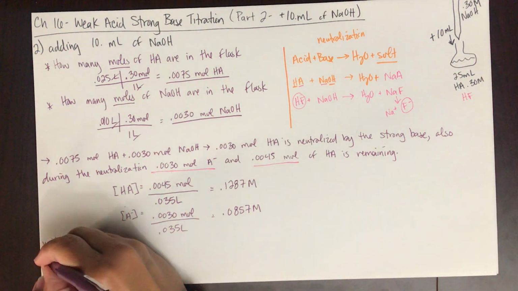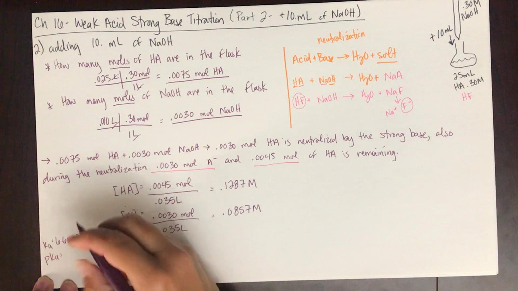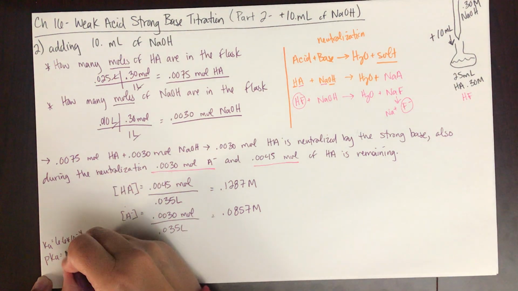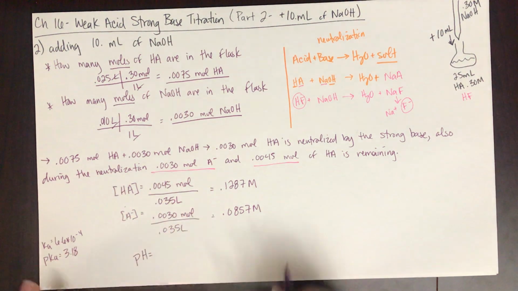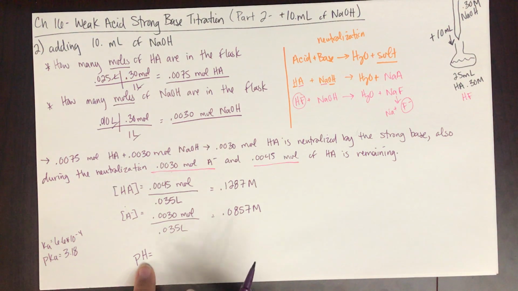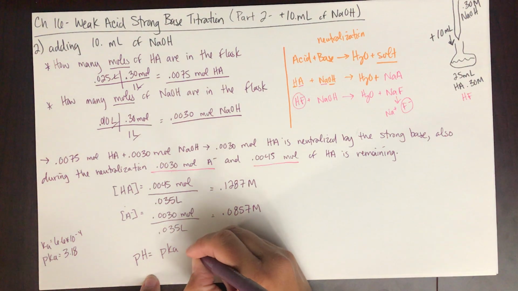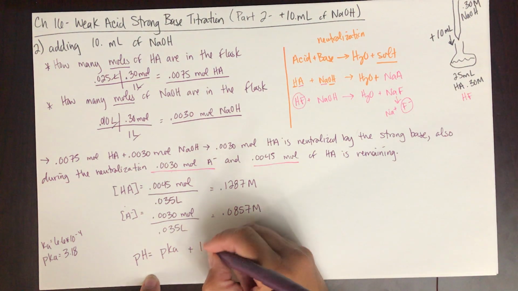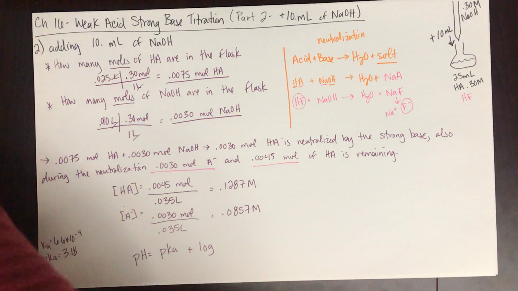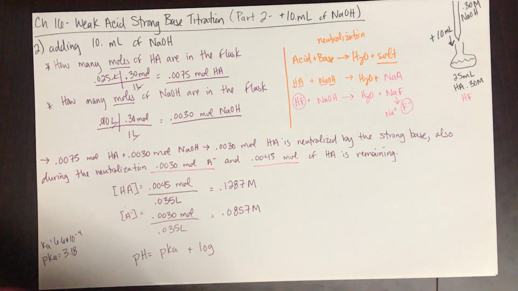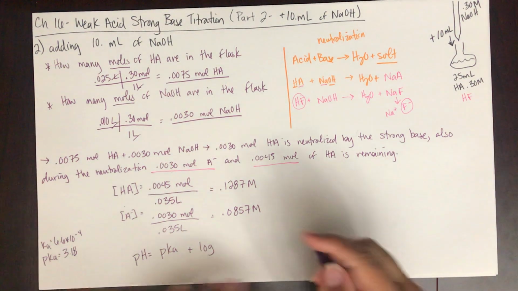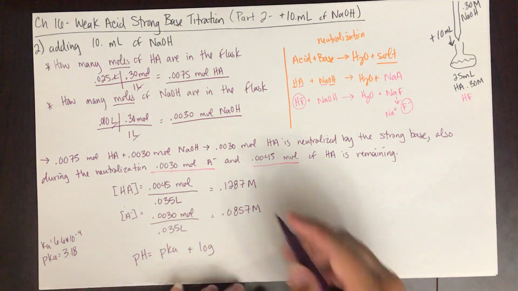So I'll say pKa equals 3.18. Okay, so the Henderson-Hasselbalch equation says pH equals pKa. Maybe I'll just write the equation out first. pH equals pKa plus the log of base over acid.